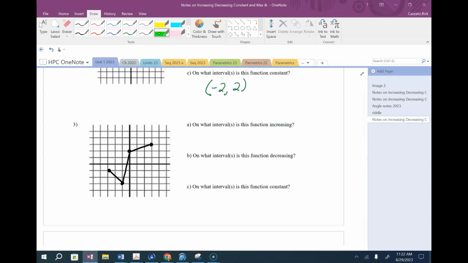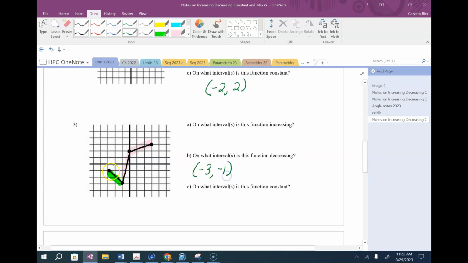All right, so this particular graph, the green is decreasing, and then this pink is all increasing. So remember, we want to use x values to x values. So I'm going to start with the part B first. So it's decreasing from -3 to -1.